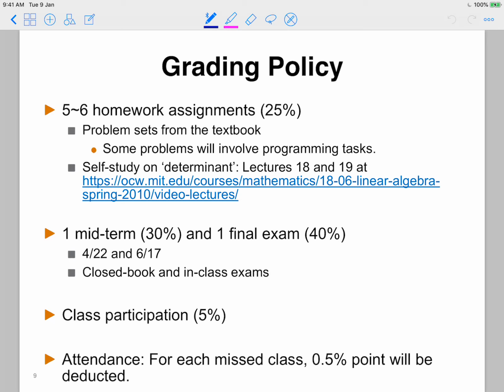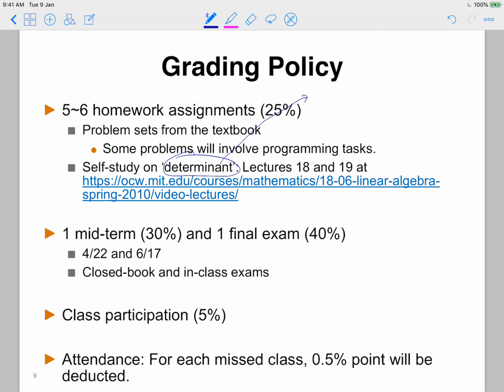You just solve the math problems by hand. Also, in the middle of our class, I will ask you to study on your own using some online lecture about a specific topic, such as the determinant. So what is the determinant?